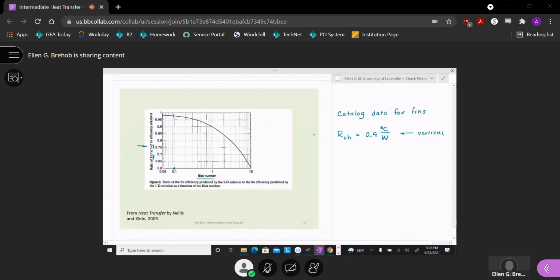And let's say vertical, this is my fin, the base, and I'm not going to be able to draw these fins. I mean, there were many fins. So this is my base surface. And then this is horizontal.